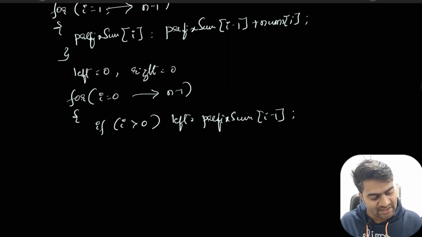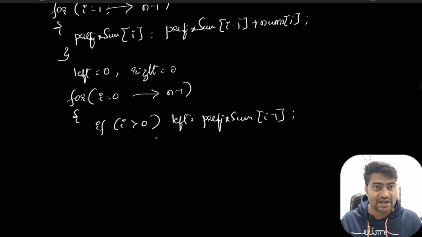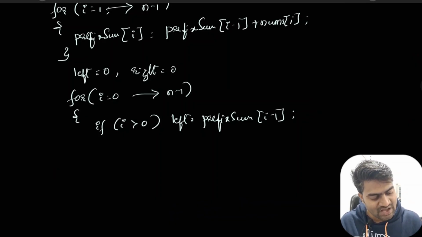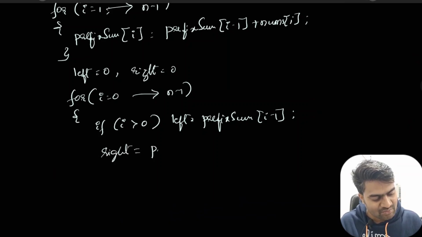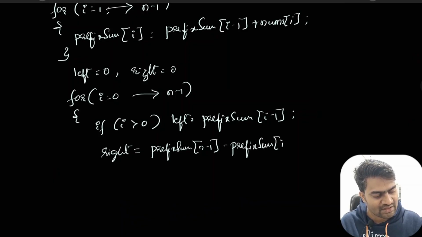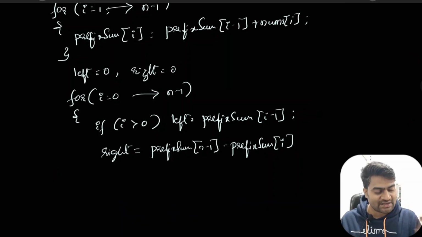Then we need to find the right value now. Our right value is basically prefix sum of n minus 1, the last value, minus prefix sum of the current index.